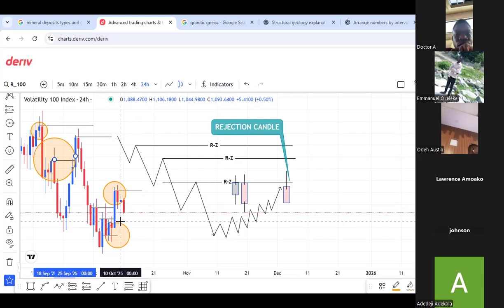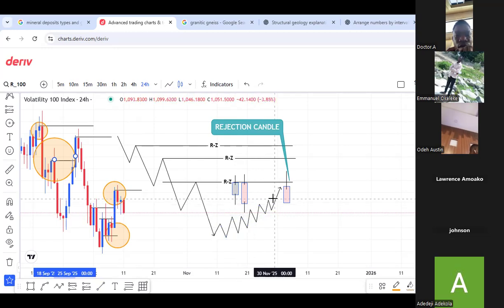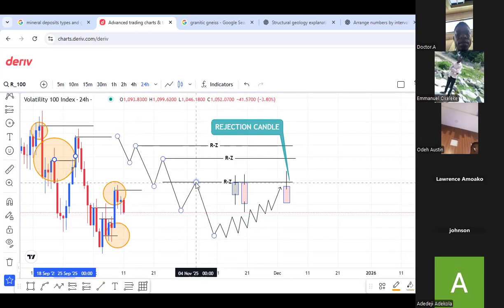If you look at this schematic diagram, all these are minor resistance. We have to consider the major because the science behind this is that price will always go to where there's more liquidity. These major resistance hold major liquidity, so price will always be magnetized or drawn to them.